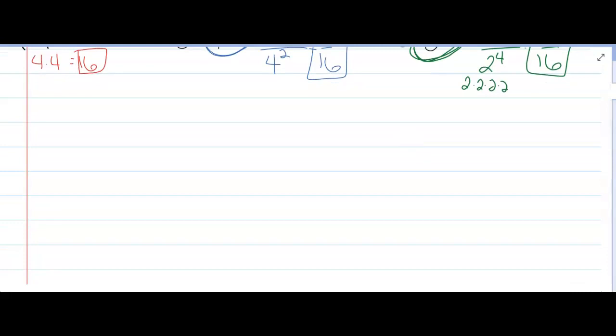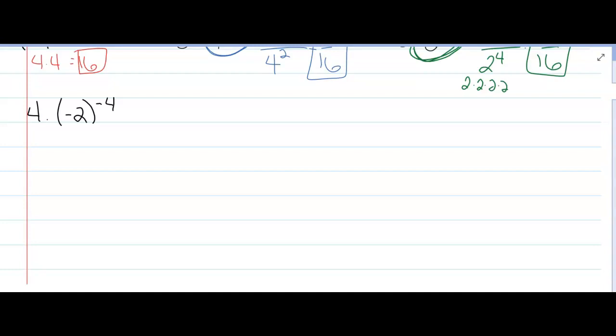Okay, let's make them a little more difficult here. What if I take that same problem, but I put parentheses and I call it negative 2 to the negative 4th? Now this is where you need to be really careful because if you remember, I said that the exponent only applies to the base that's directly underneath it. Now, if there's parentheses, it includes everything that's inside the parentheses.